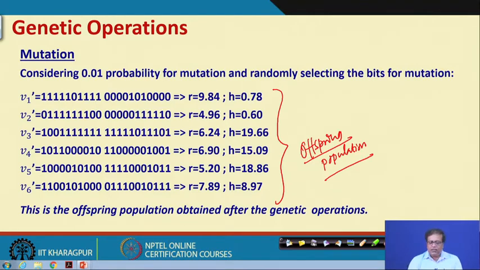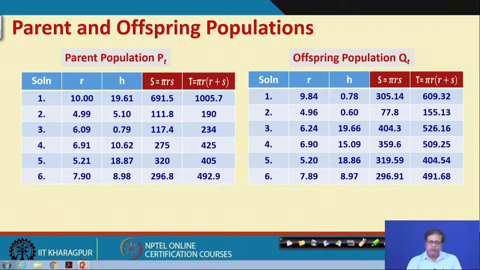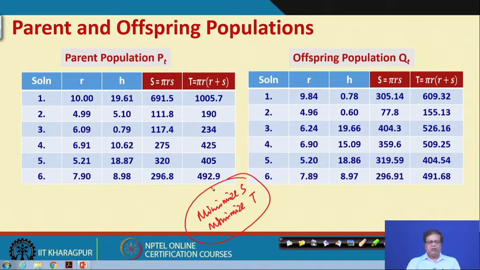So, essentially we have now got 6 parent population and we have got 6 offspring population with different S and T values. Our main purpose is, what is our objective function? Minimize S and minimize T. So, our objective function is minimize S and minimize T. So, this is our parent population.